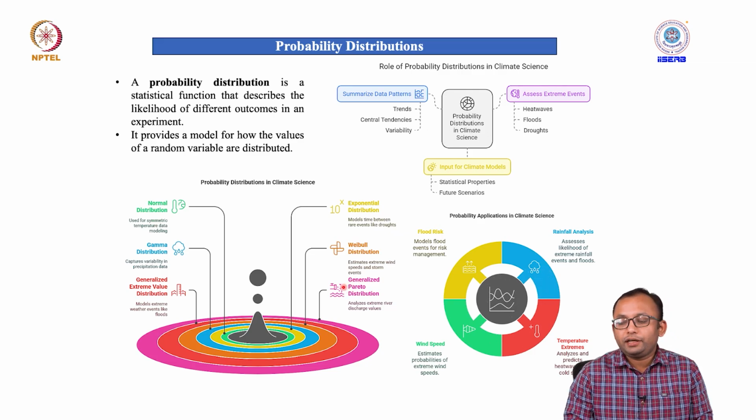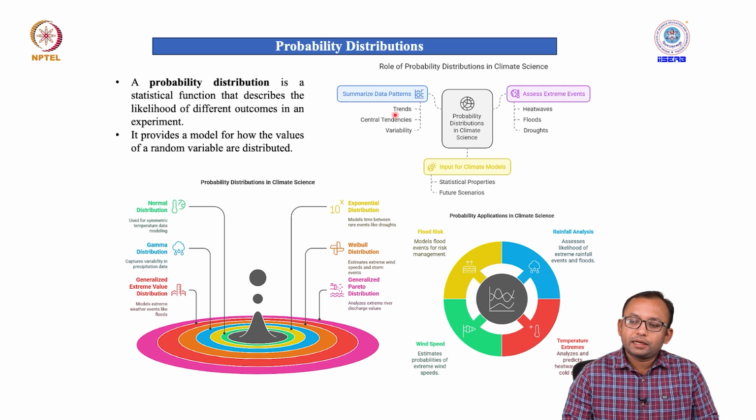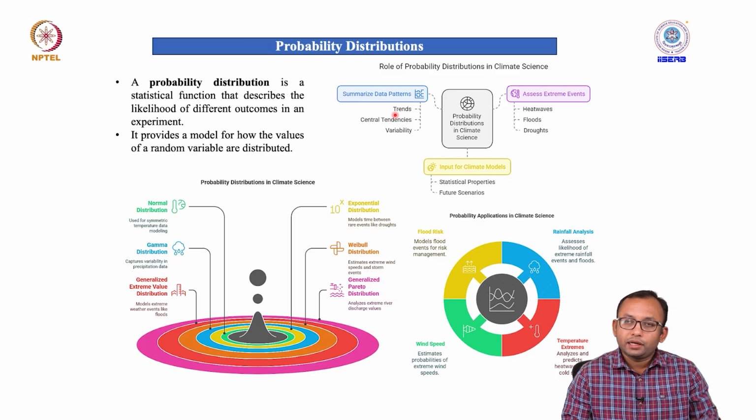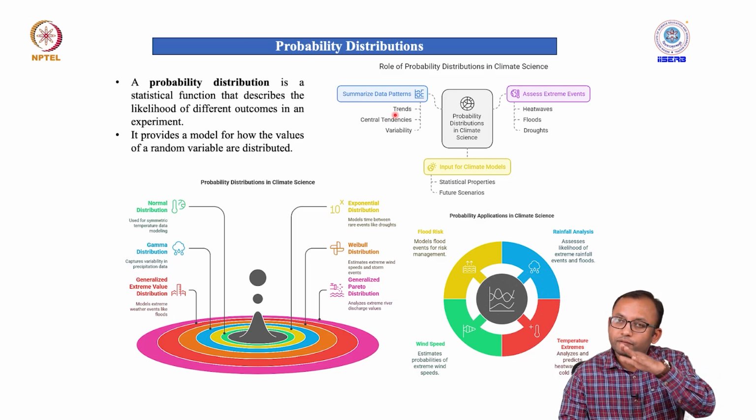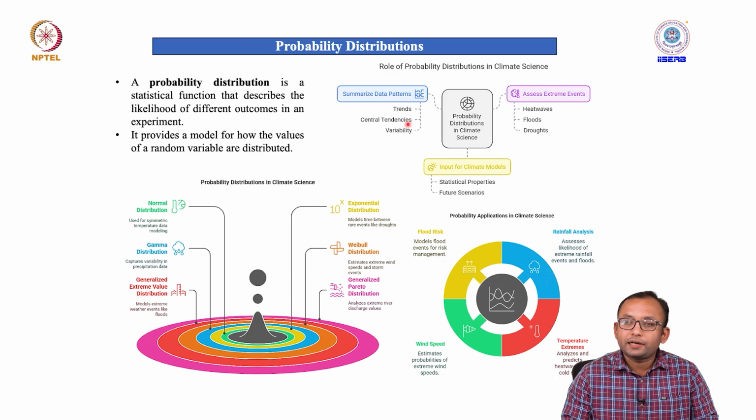Whenever we are fitting a probability distribution function in climate science, we look at the time series behavior, what the trend in the time series is, whether it has an increasing or decreasing trend, or no trend at all, what the central tendency is, or what the total variability of the data set is.